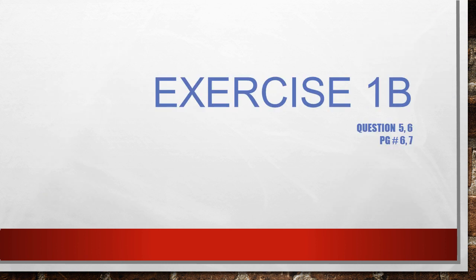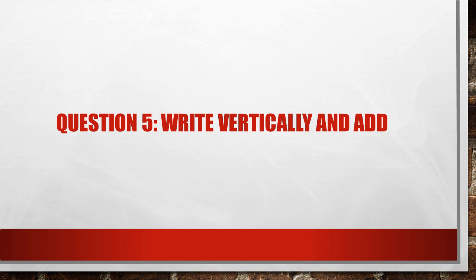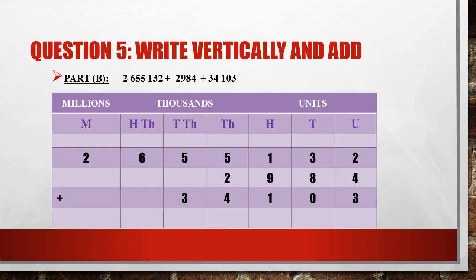Now we will solve some questions from exercise 1b. Question number 5, write vertically and add. In this question we will add three numbers. Here students, you can see the first number is a 7-digit number, the second number is a 4-digit number, and the third number is a 5-digit number.